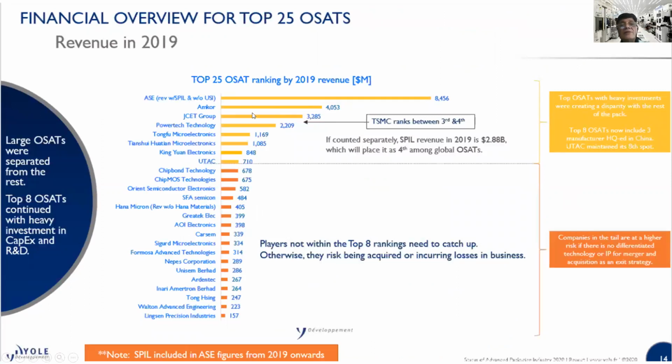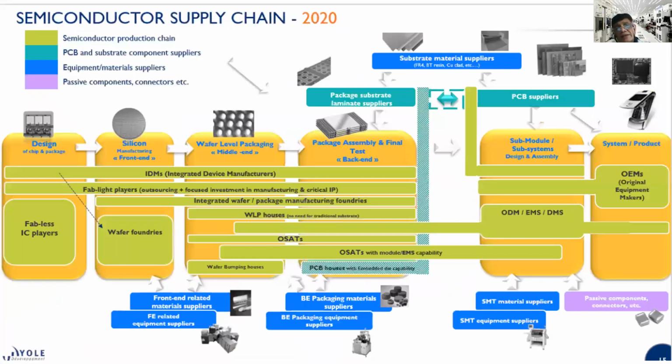The top 25 OSATs: ASE, Amkor, PowerTech. PowerTech is actually one of the first mover OSATs on the panel level packaging. And really, fan out packaging, fan out wafer level packaging, fan out panel level packaging, this is now almost mainstay with practically all the leading OSATs and foundries. This is what is coming in a big way.